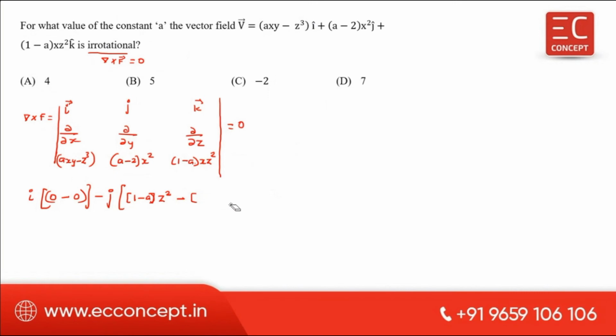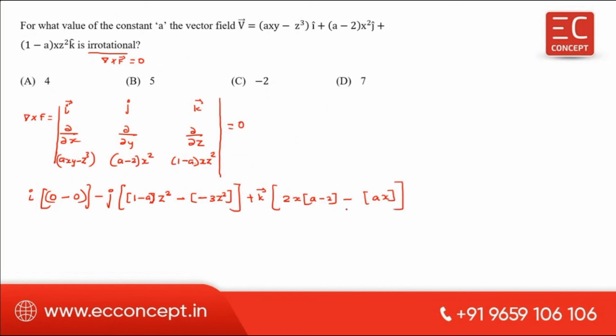Actually the first term has no value, minus 3 z square. Okay, j plus k into, so this into this, therefore 2x differentiate with respect to x into a minus 2, minus differentiate this with respect to y, therefore ax.